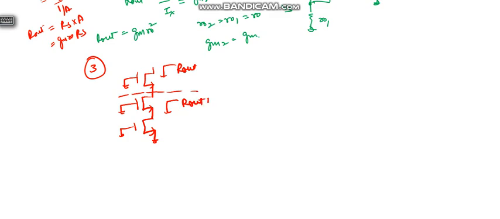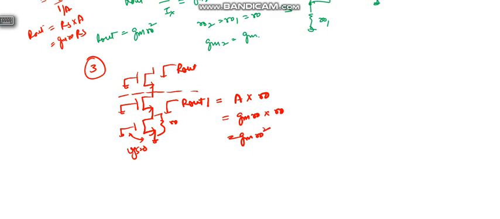1, 2, 3. So we need to find Rout. First consider these two. For these two, if we find Rout, say this is Rout1, this is A into RO, because here VGS is 0, so this is only RO. Now A is gm RO, into RO, so this will be gm RO square.